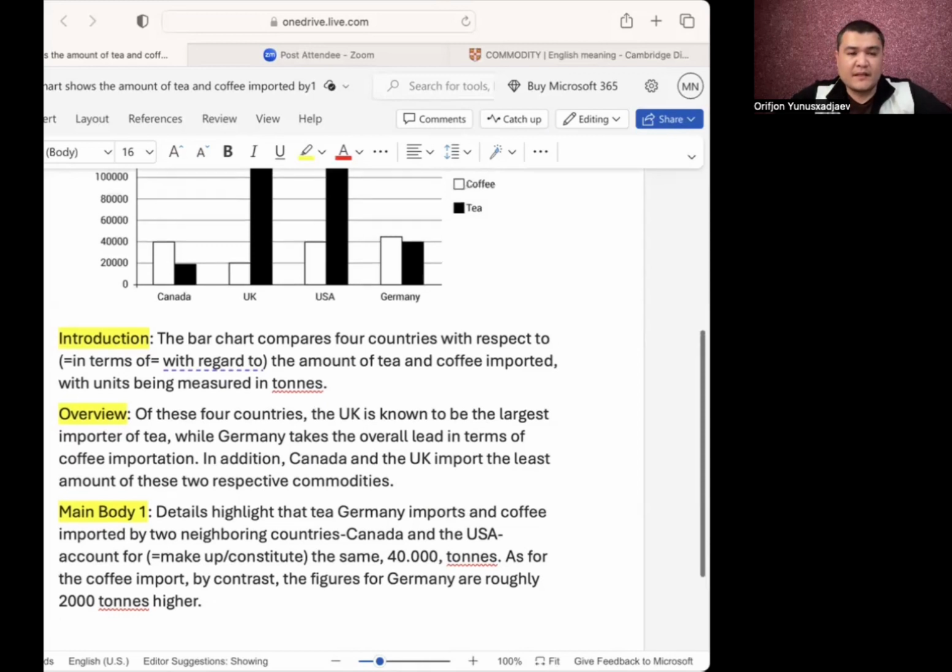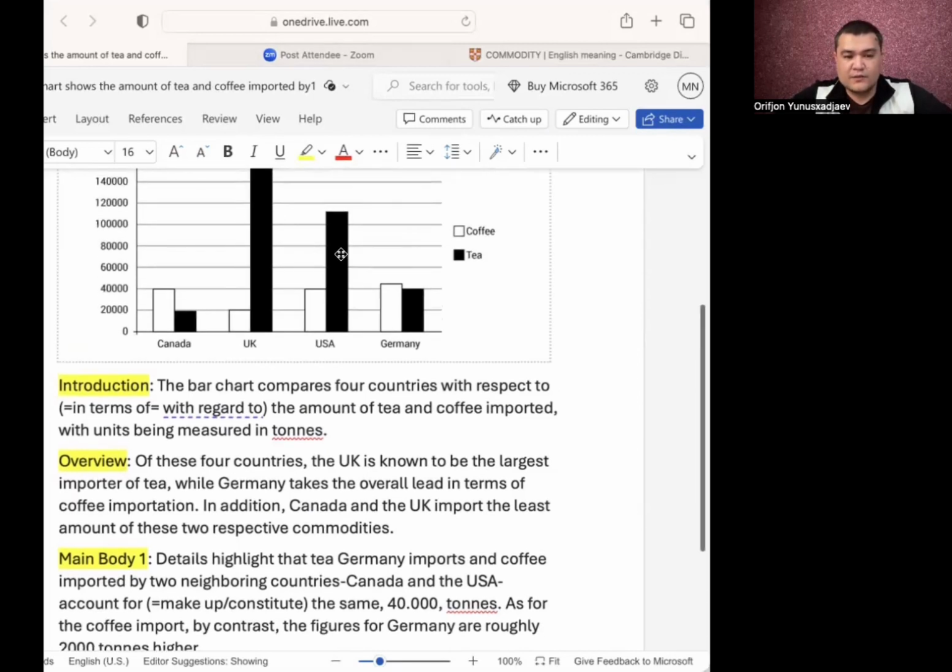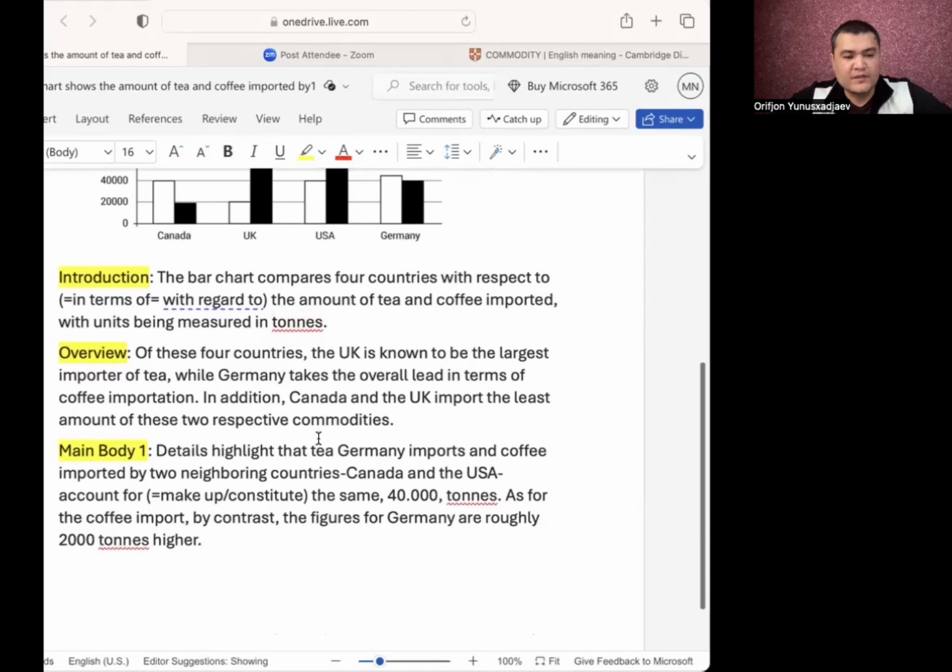And in the second main body, I'll talk about the UK, USA, and all this information. So: Details highlight that tea Germany imports and coffee imported by two neighboring countries, Canada and the USA, account for the same 40,000 tons. As for the coffee import, by contrast, the figures for Germany are roughly 2,000 tons higher.